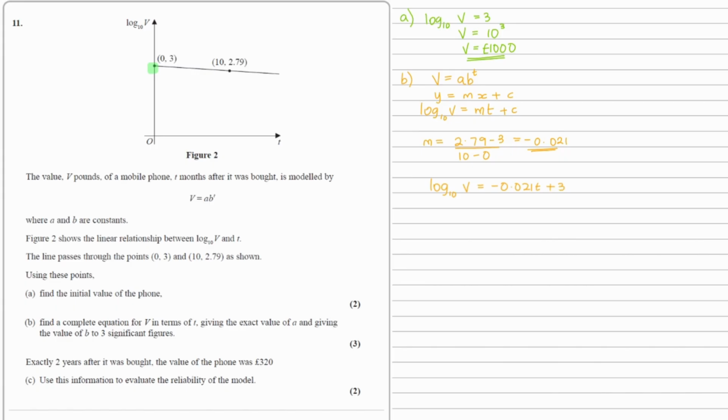So we've now got the equation of the line graph, and in order to find A and B, we would first have to write it in the form V is equal to 10 to the power of (minus 0.021t plus 3).